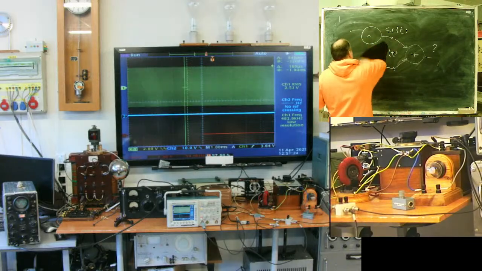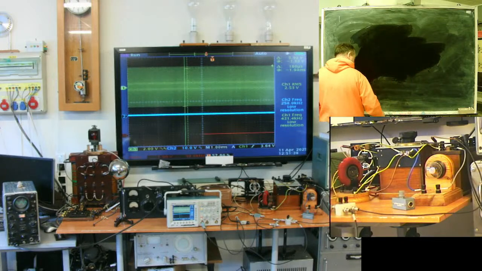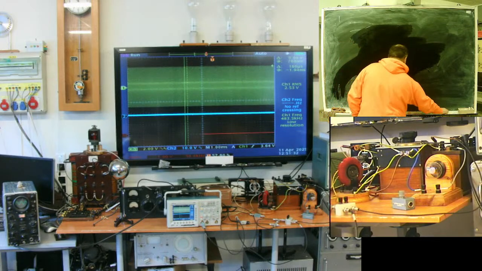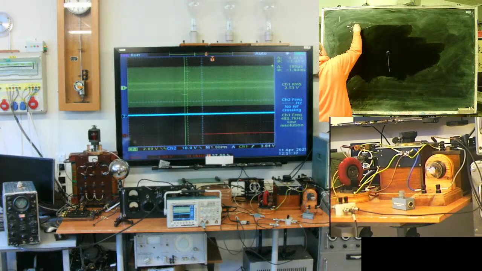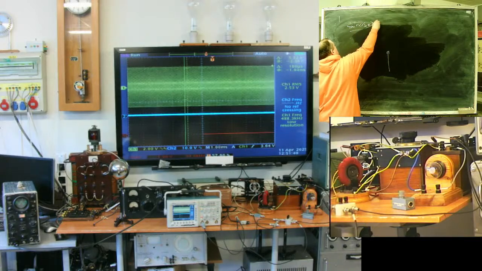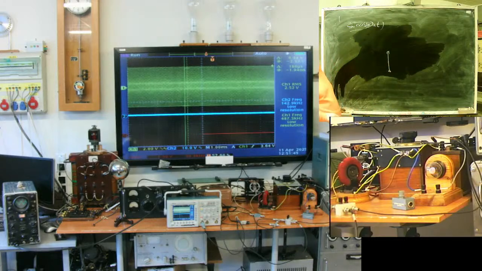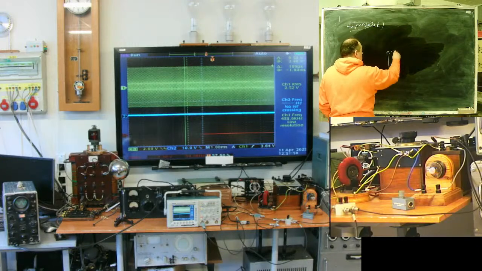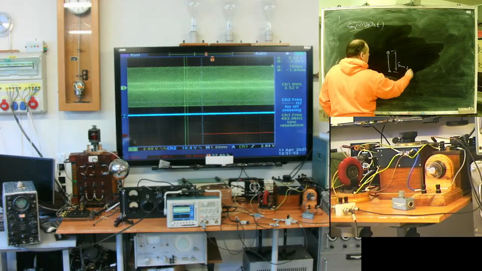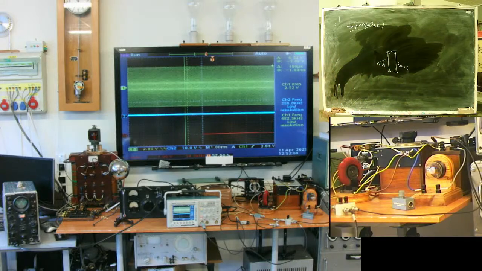What happens? I have one signal as cosine omega 1 t. I can represent it as a rotating vector. Its magnitude will be the magnitude of my first signal, and it rotates with the speed omega 1.